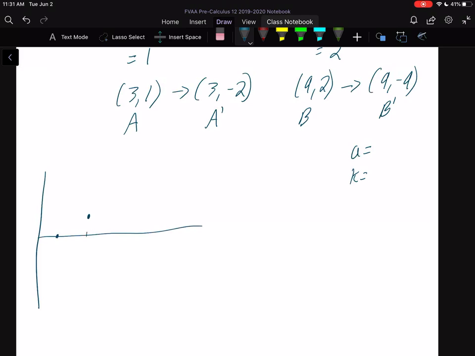So let's say if this is 3, this is 6, and this is 9, and this is 1 and 2. And so your original graph, let me just write a couple numbers here, 3, 9, 1. Okay, the original graph kind of looked like this. Okay? And then the transformed graph, it looks like this.